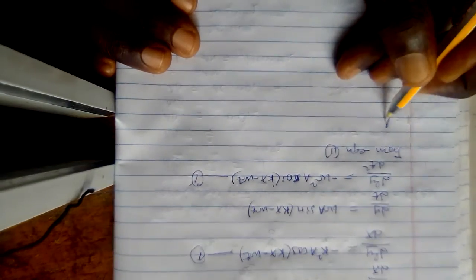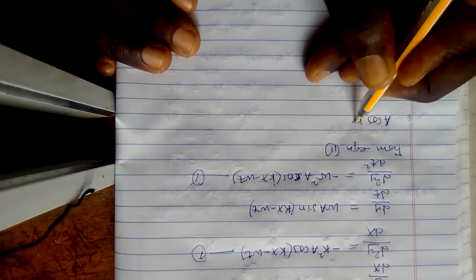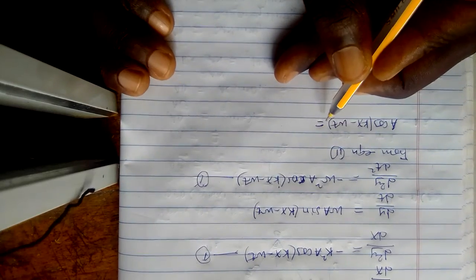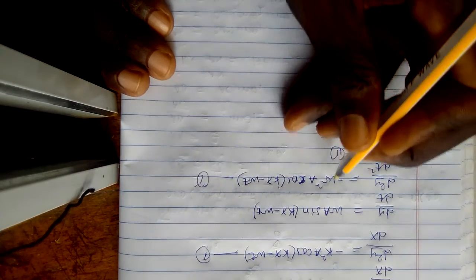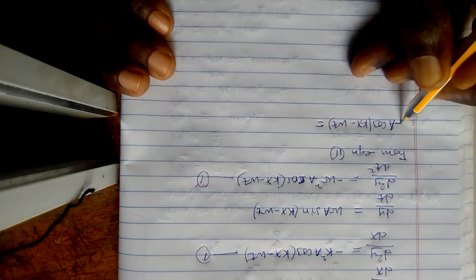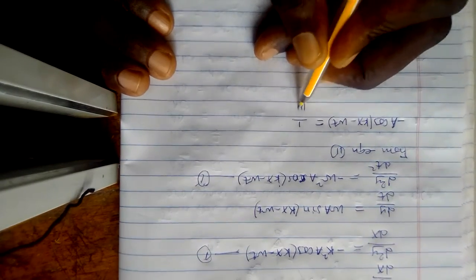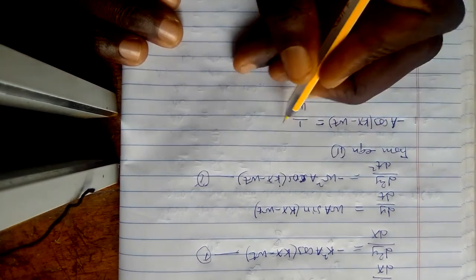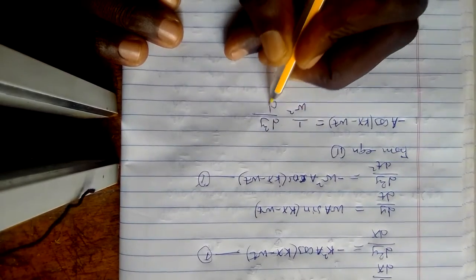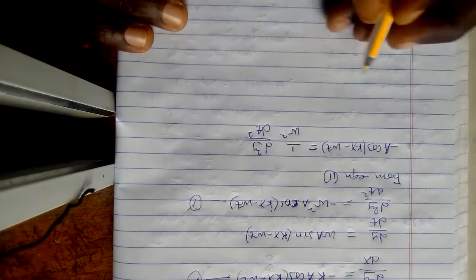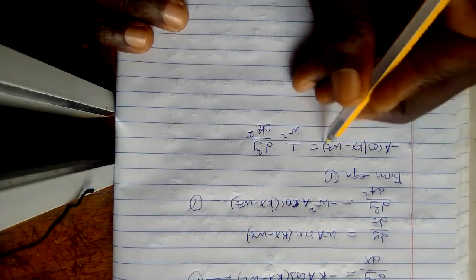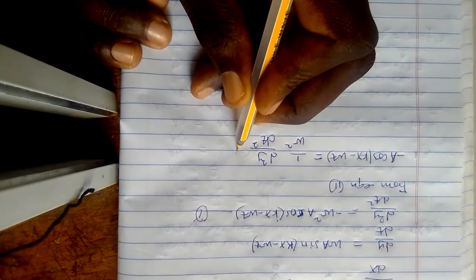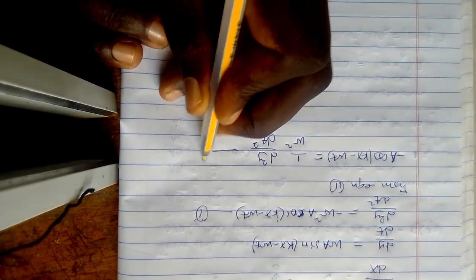So I can say a cos(kx minus omega t) is equal to, I can include the negative, negative 1 over omega squared d squared y/dt squared. So I can substitute for this here because we have it here. Let us say this one is equation a.